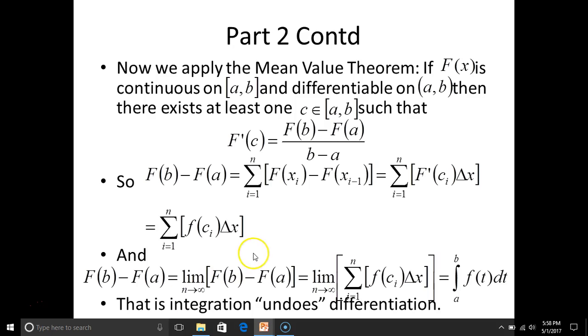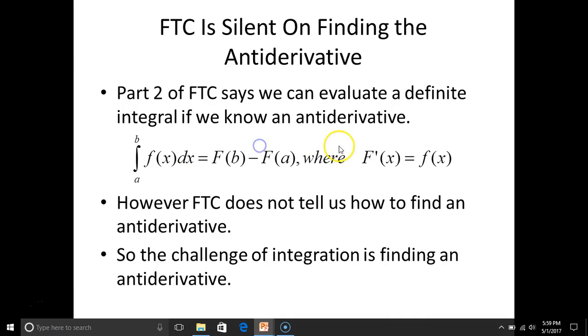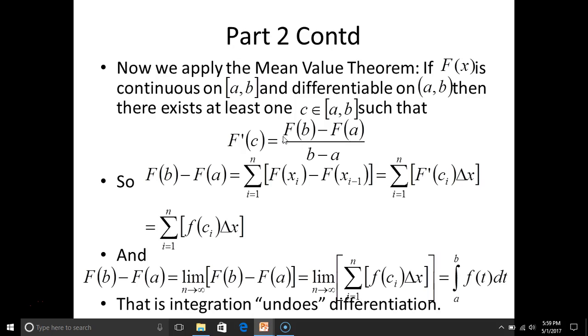Again, we have a continuous function, and by the mean value theorem, which requires not only a continuous but a differentiable function, because F of x is differentiable, if F is continuous and differentiable, then there is at least one value c in the interval such that the derivative is equal to the slope of the secant line. Or, there is a point in the interval whose derivative is exactly the slope of the secant line.